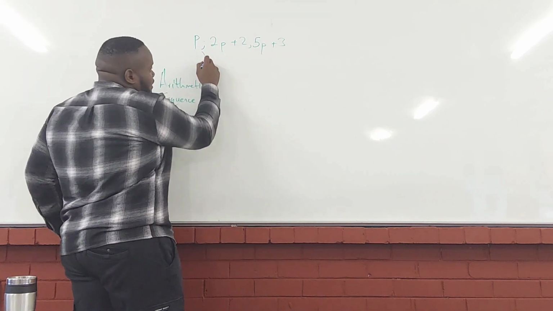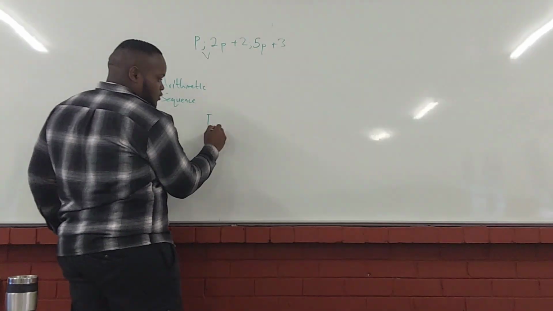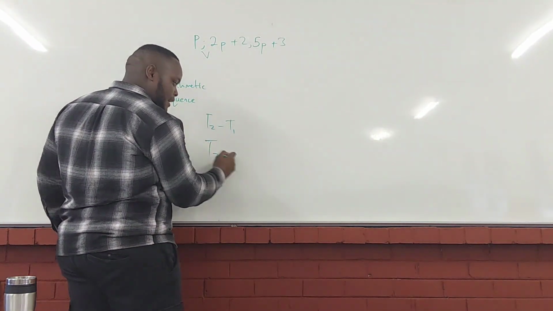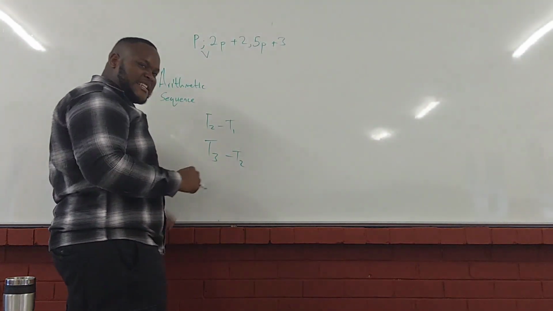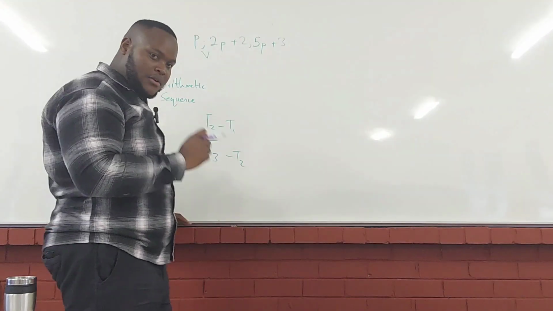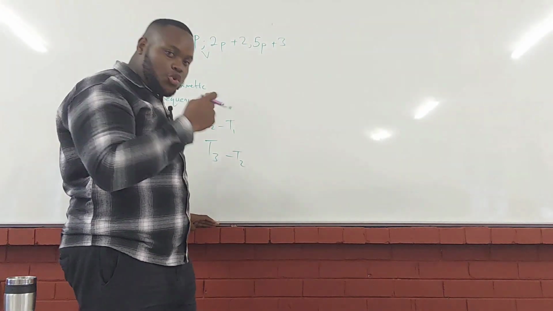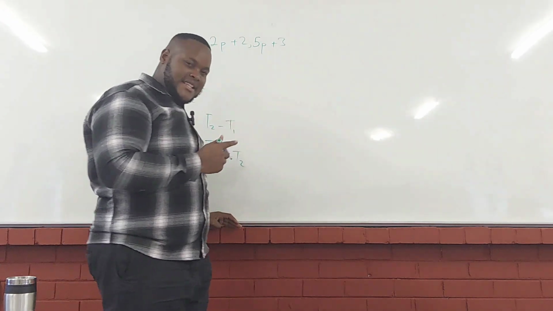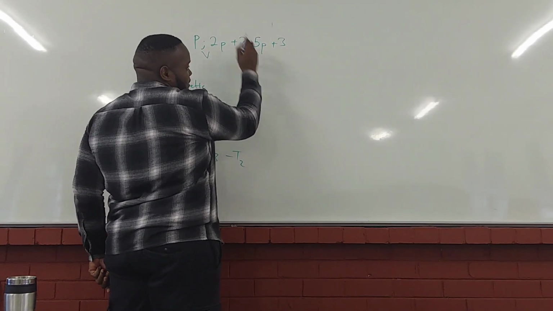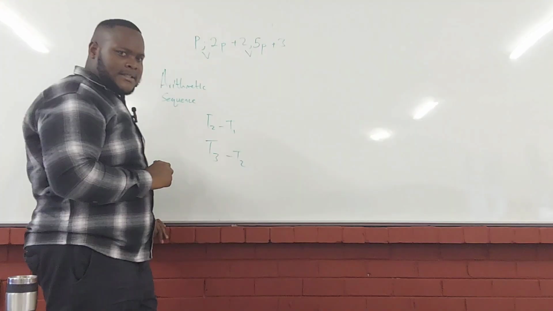So T2 minus T1 will be the same as T3 minus T2, because in an arithmetic sequence the difference is the same throughout. The difference between two consecutive terms is the same throughout. So T2 minus T1 will be the same as T3 minus T2.